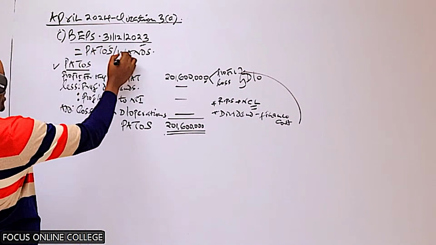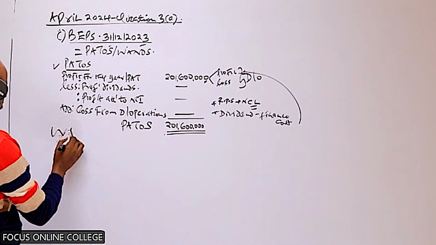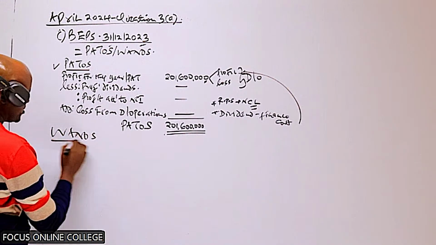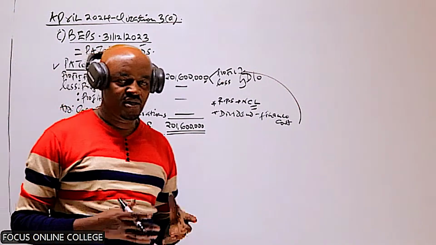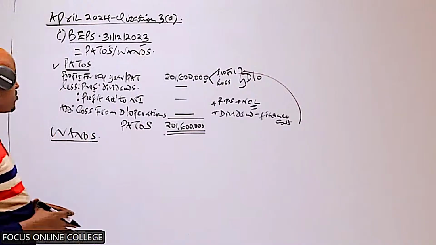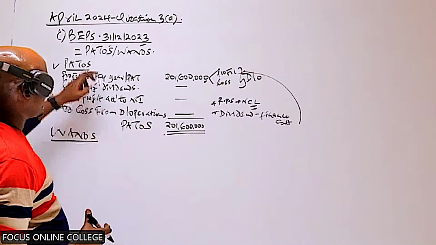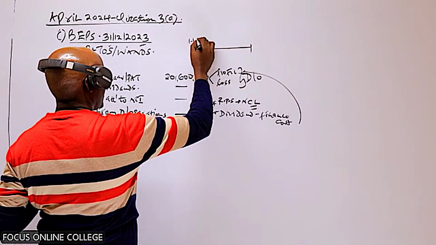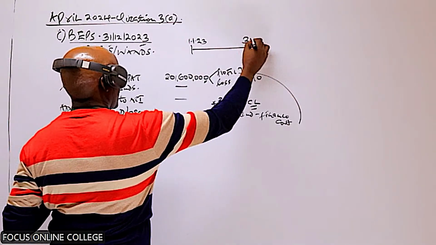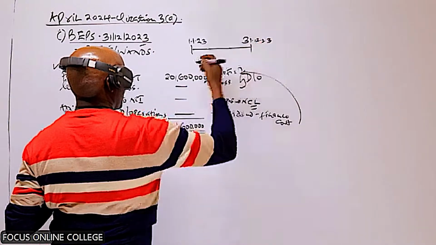Then we need to move and compute the weighted average number of ordinary shares. How do we compute this one? To compute this, we take into account the ordinary shares which had been issued at the start. This year started on 1st of January 2023 and ended on 31st of December 2023.